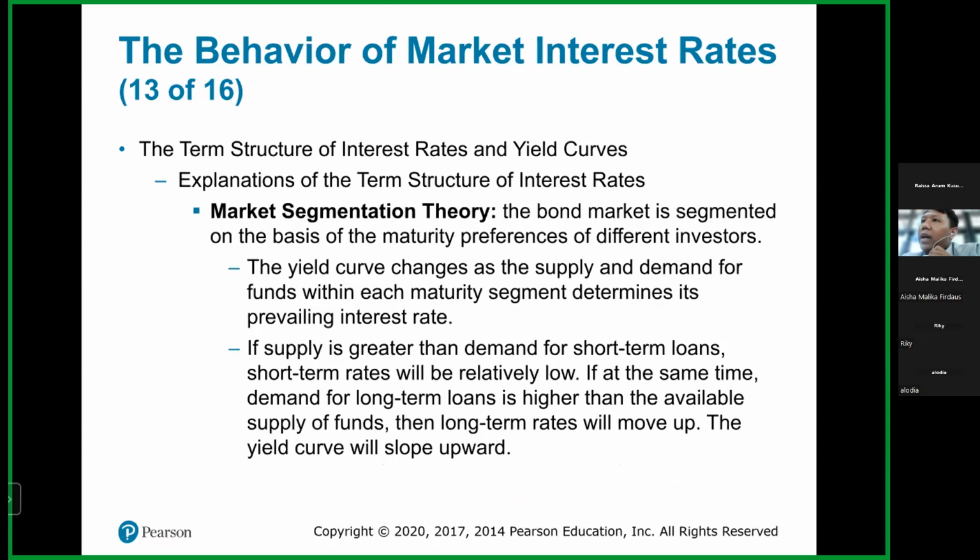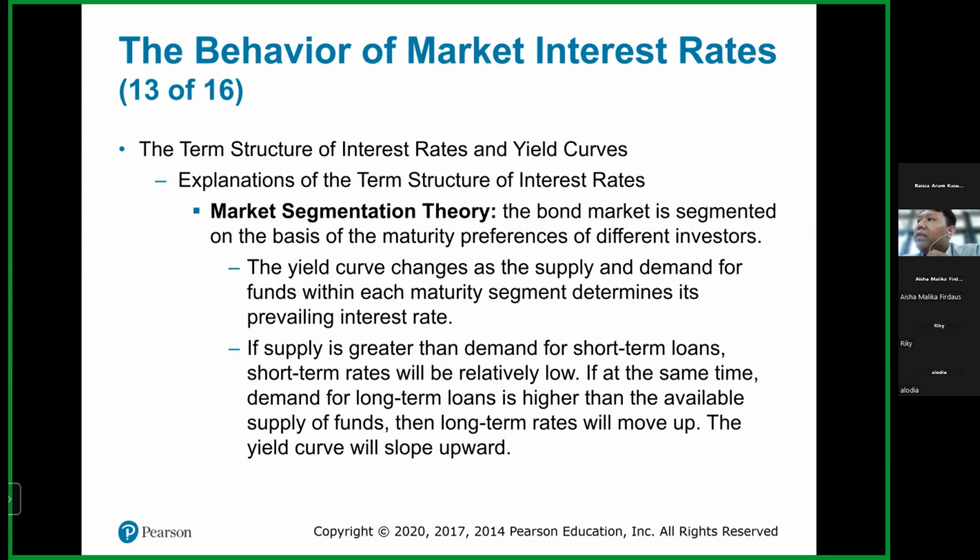The last theory to explain why the yield curve has both upward and downward slopes is the market segmentation theory. The bond market is segmented on the basis of the maturity preferences of different investors.